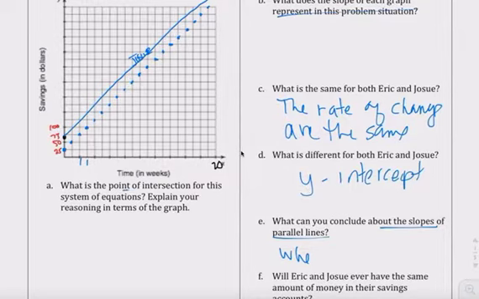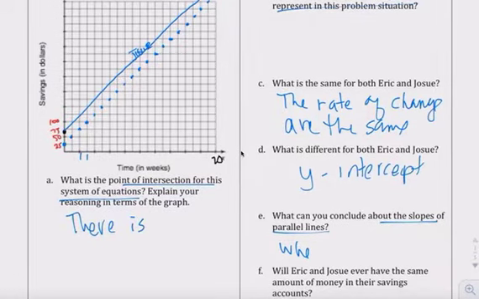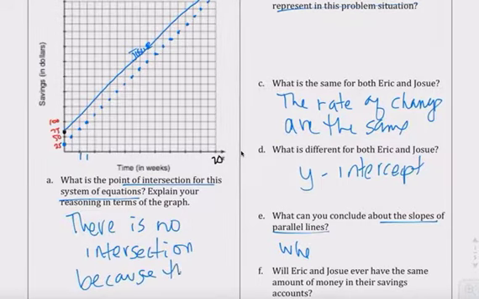What is the point of intersection in this system of equations? There is no intersection, because the lines are parallel.